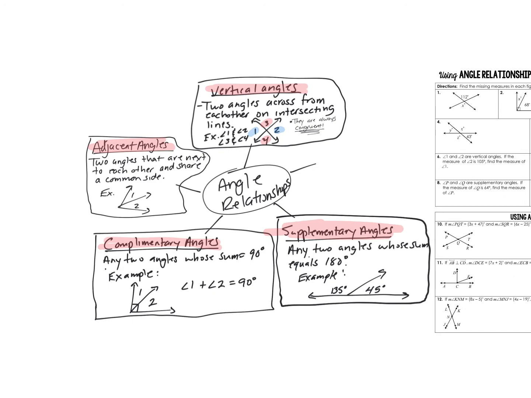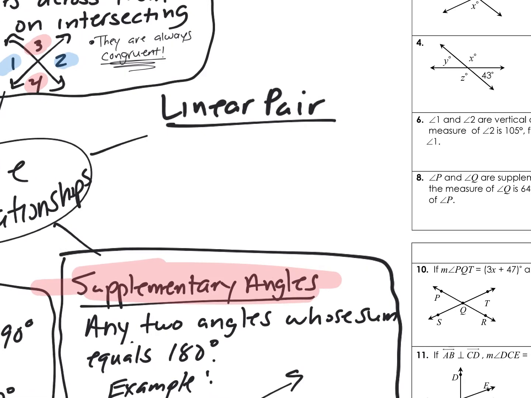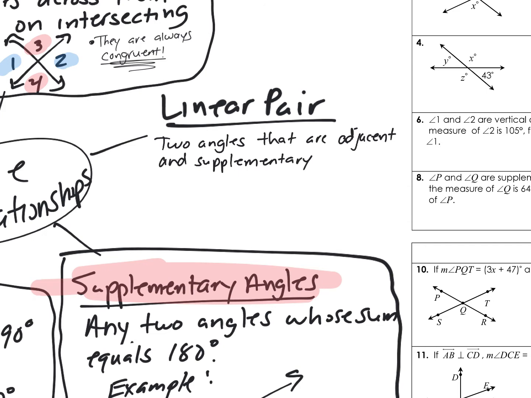And then the last angle relationship is a linear pair. A linear pair are two angles that are adjacent and supplementary. They form a straight line.